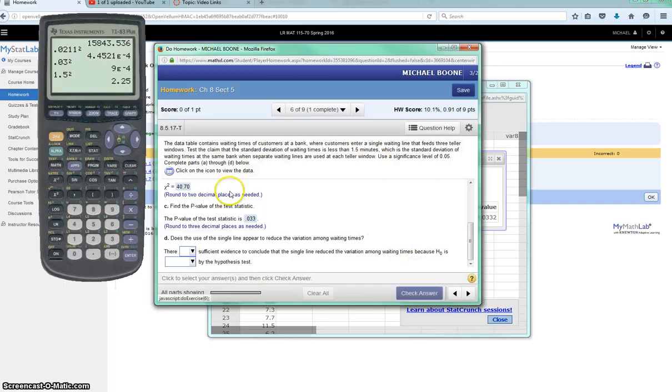So again, using StatCrunch, it took the data. Since we're using an alpha of 0.05, our p-value is less than the 0.05. If the p is low, the null's gotta go. So there is sufficient evidence to conclude that the single line reduced the variation among waiting times, because H0 is rejected, right? Because it's lower than our alpha.